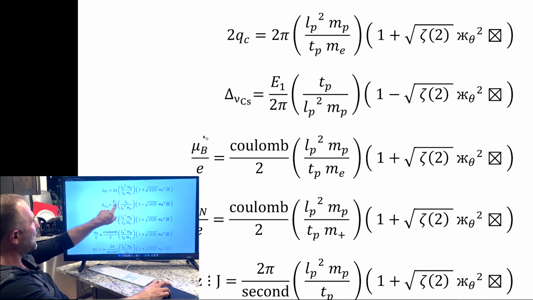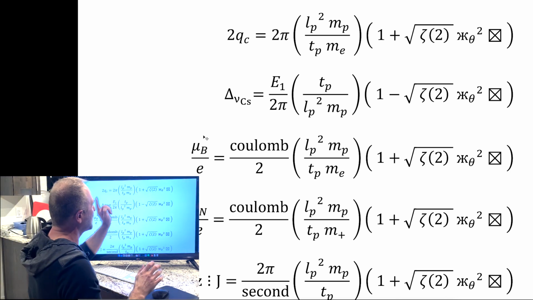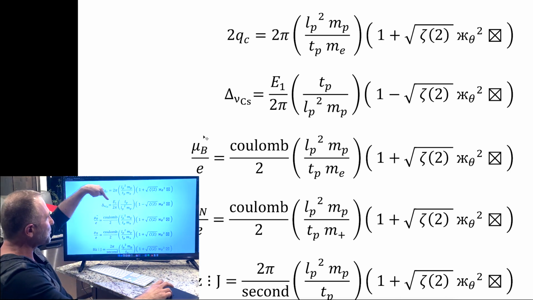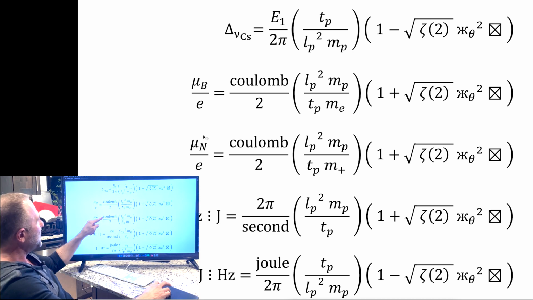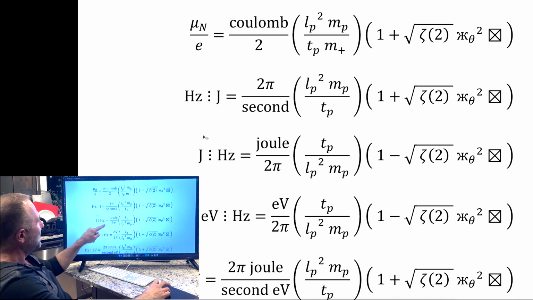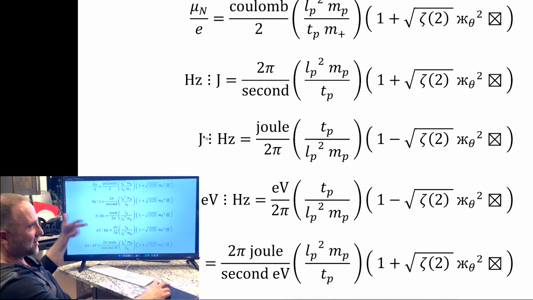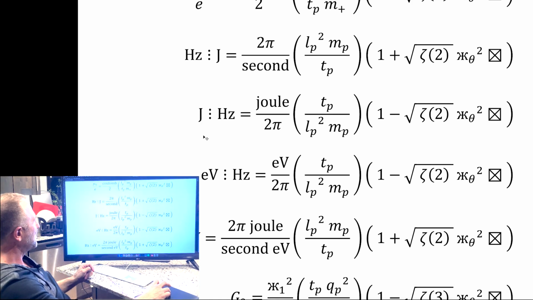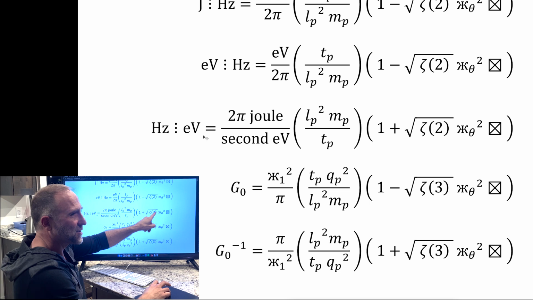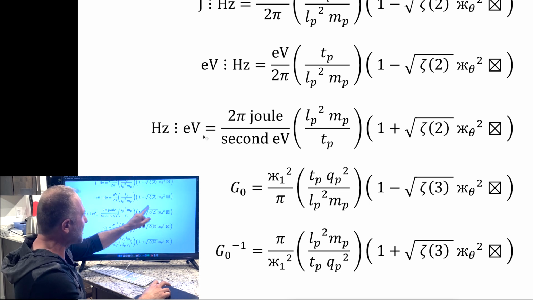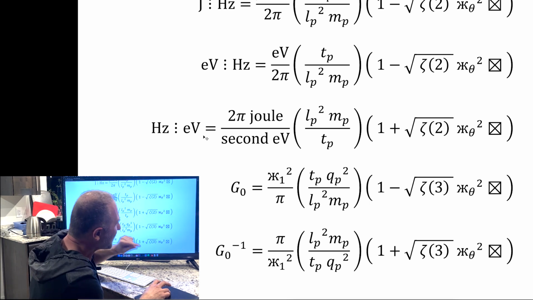So this one's going to be on, all of these will be on the legend, but this is one of them that only shows up right here in one place. Here's the unit coulomb in both cases, the unit second, the joule, which is a composite unit of units, right? And we're still in the square root of zeta of 2.